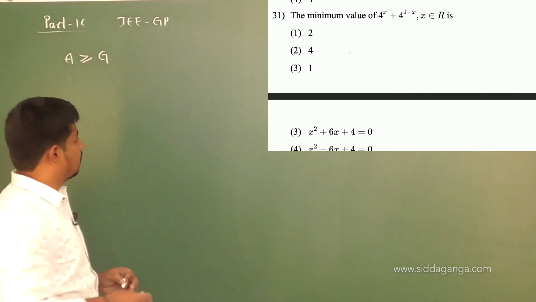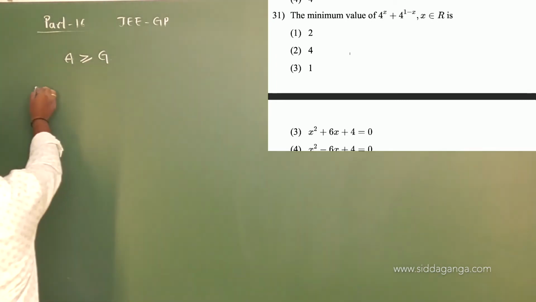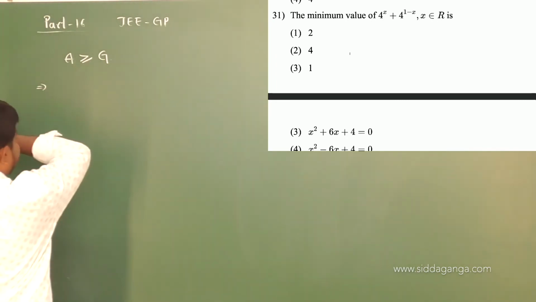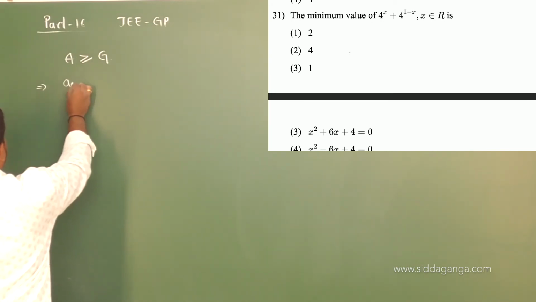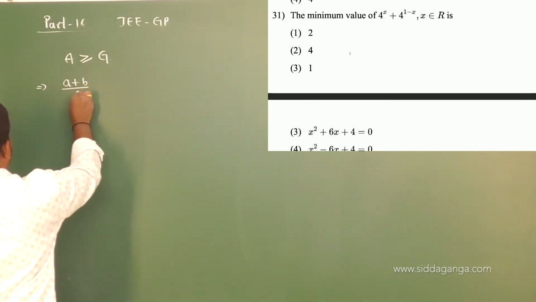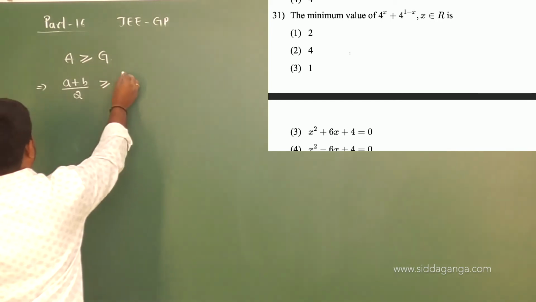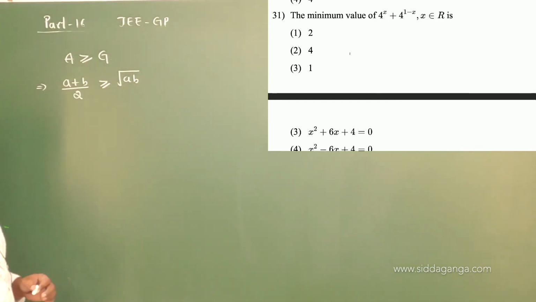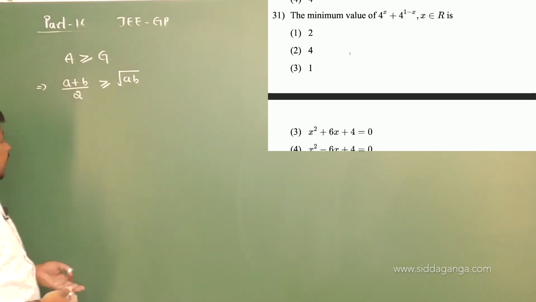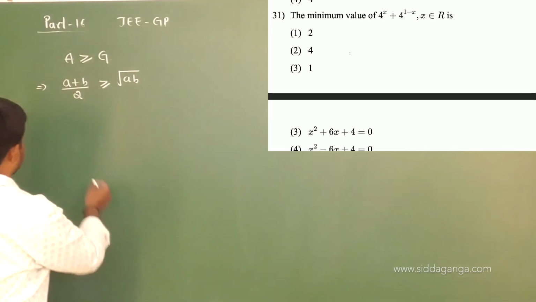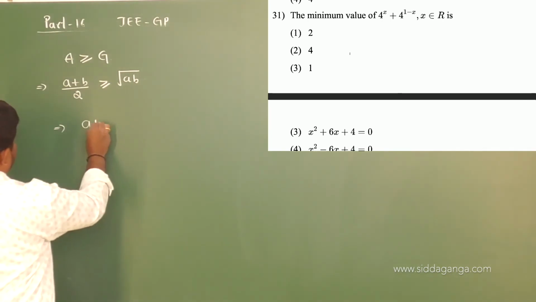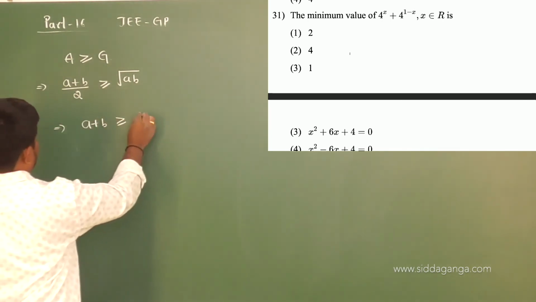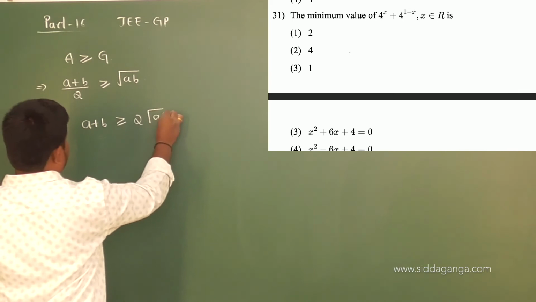For any two numbers a and b, (a plus b) by 2, the arithmetic mean, is always greater than or equal to the geometric mean of the same numbers. Or I can write this as a plus b is always greater than or equal to 2 times root ab.